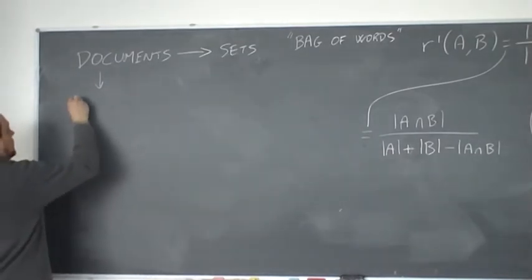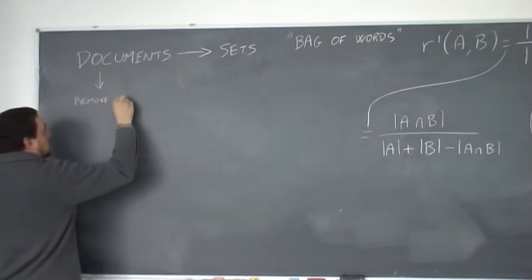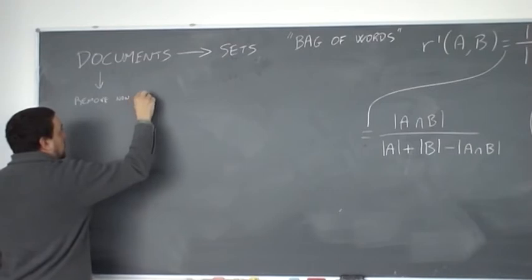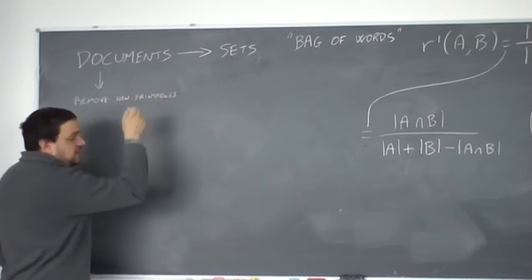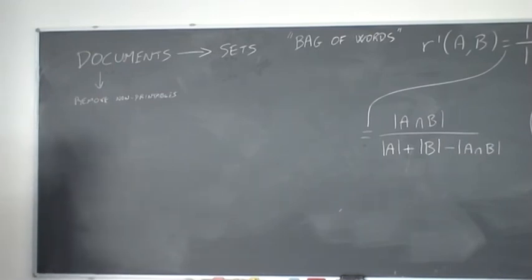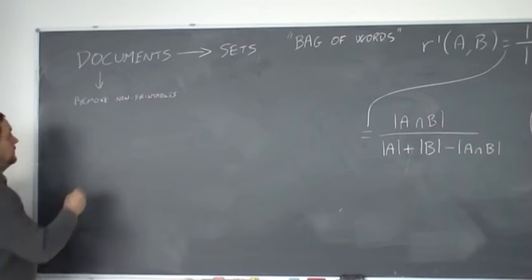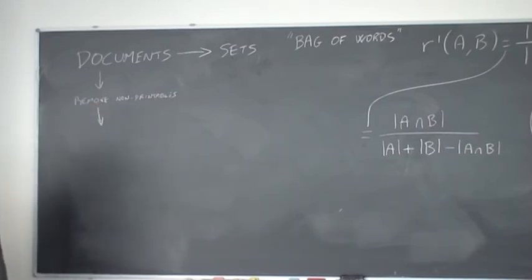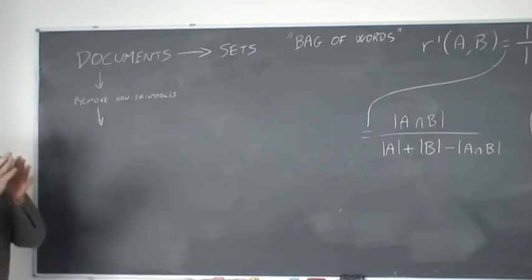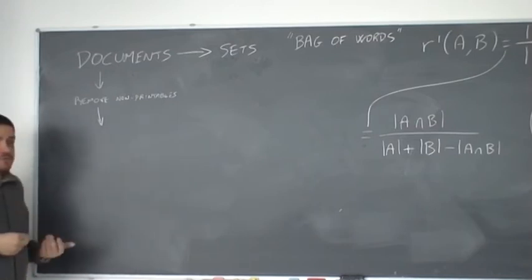So you remove non-printable items. Second, remember that you are not interested in the relationship between words, how they are ordered and so on. You can remove punctuation.